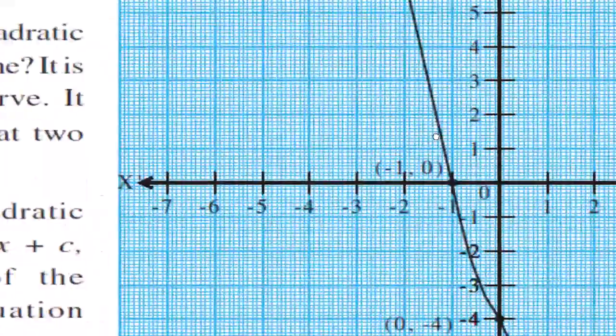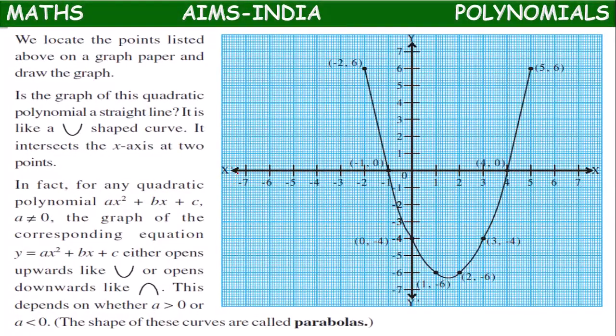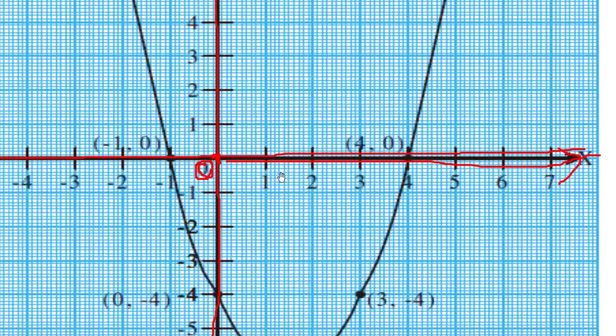So on the graph, children, you have to take x-axis, you have to take y-axis, they intersect at one point, which is called origin, whose value is 0. To the right hand side of 0, you have to keep values at unit distances, 1, 2, 3, 4, 5, 6, 7.